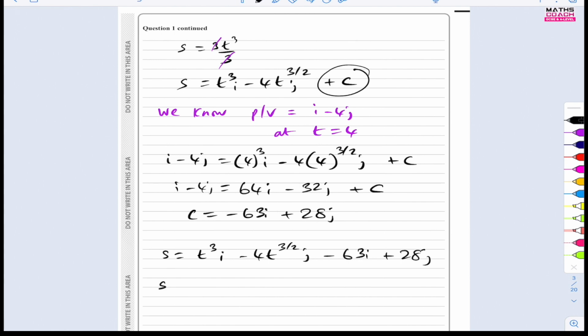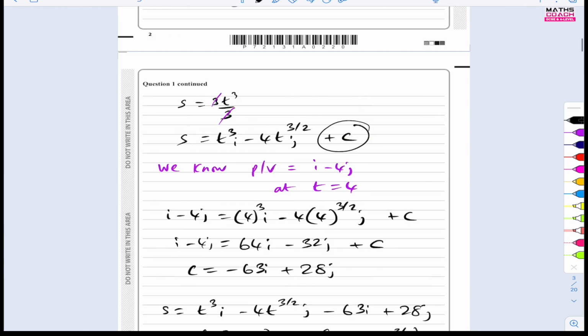So s is equal to t cubed minus 63 in a bracket i, plus, I like starting with the positive on the j's but it doesn't matter, 28 minus 4t to the power of 3 over 2j. So that's your position vector at any time you want it.